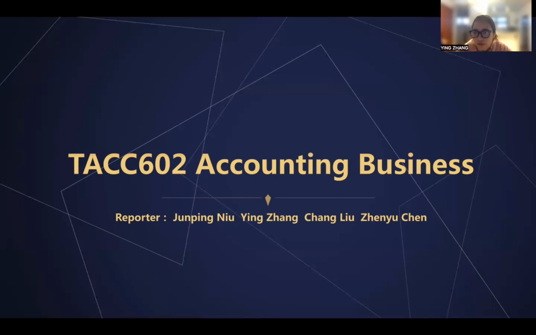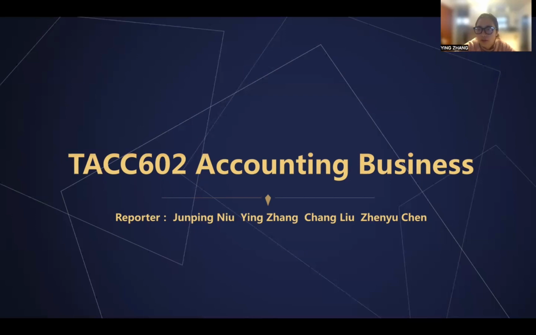Now, in the first part of our presentation, I will be addressing the vertical analysis of the income statements for Tiger Company and Loin Company. Based on the vertical analysis, the following conclusion can be drawn.